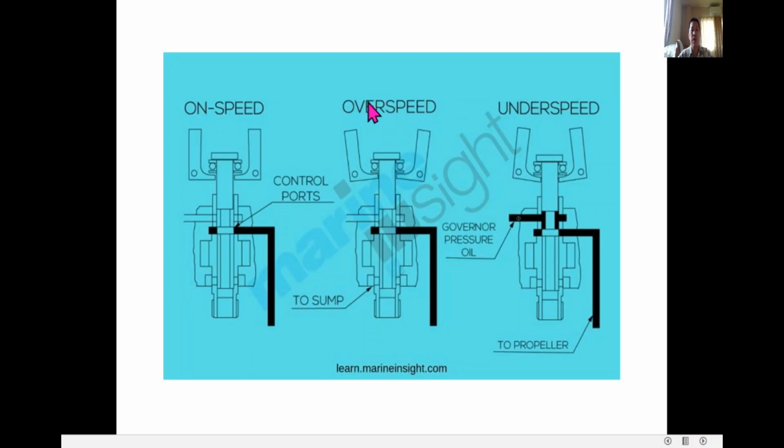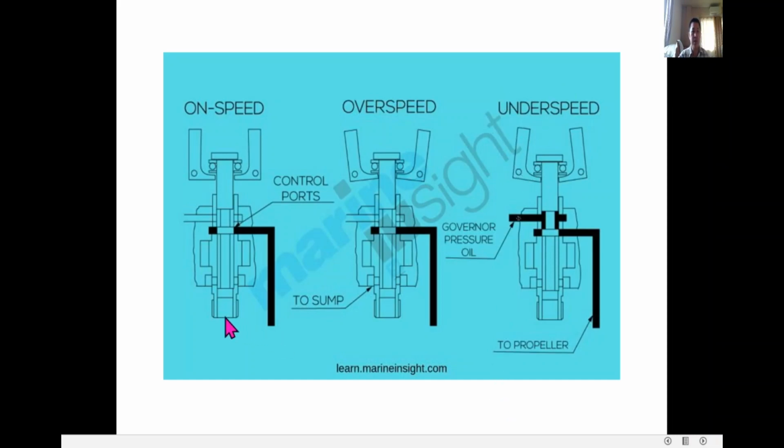High rotation, then this is already overspeed. When the flyweight is going outside, this is overspeed, and when the flyweight is going inside, this is underspeed.